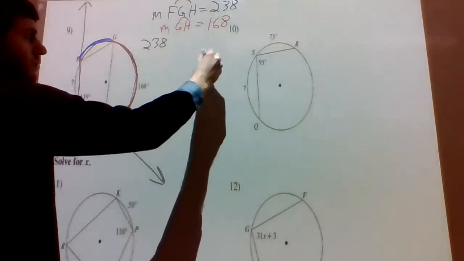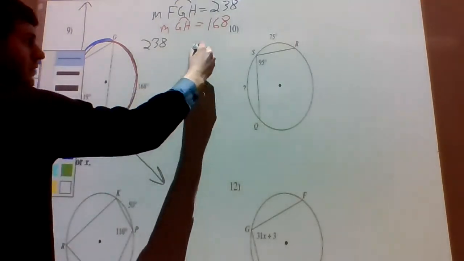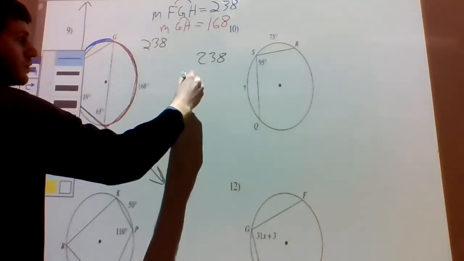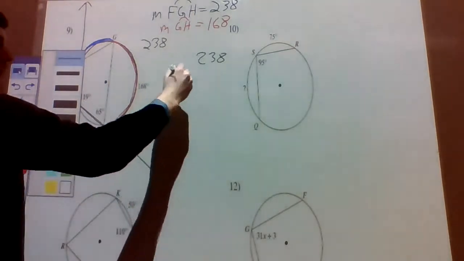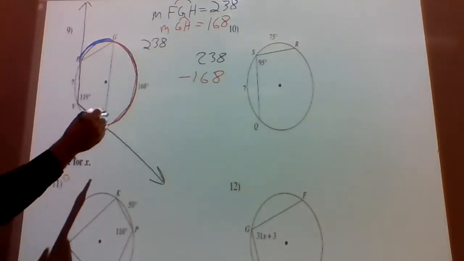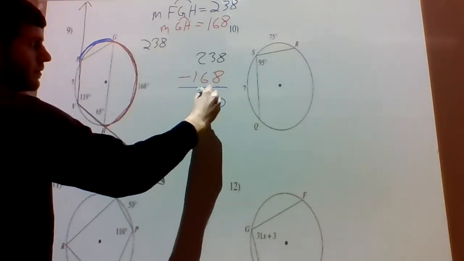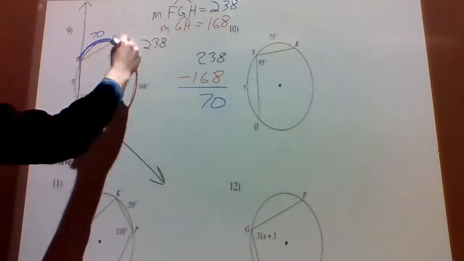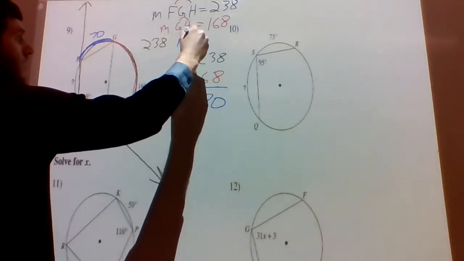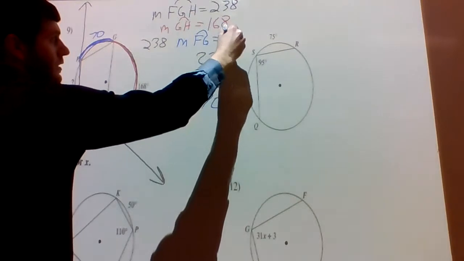Let's do it in the right color here. So 238, we're going to subtract 168, and that's going to give us 70. So we know this right here is 70. So the measure of arc FG is 70.